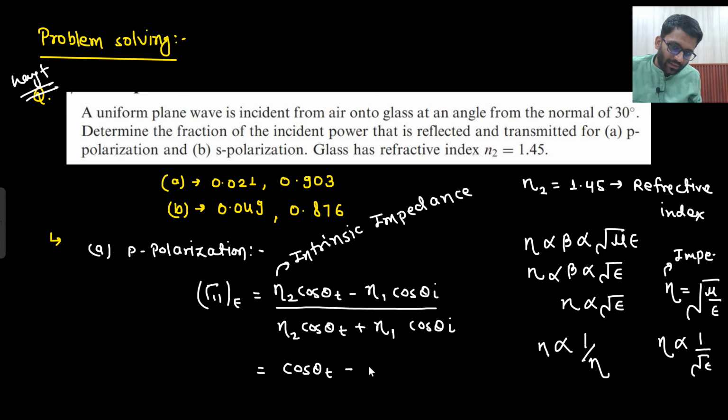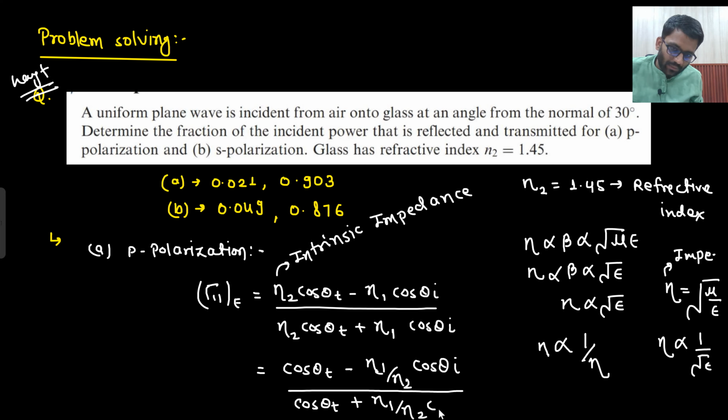Cos theta t minus eta 1 by eta 2 cos theta i, divided by cos theta t plus eta 1 by eta 2 cos theta i. Now can you tell me the value of eta 1 by eta 2? Eta 1 by eta 2 will be equal to n2 by n1. Do you agree to this point?